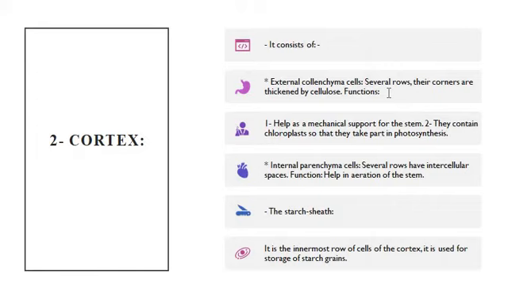Why? To give support, for sure. It's a solid substance and may also contain chloroplast to do photosynthesis. The internal layer, the parenchyma, is important for aeration as it has intercellular space. And the third layer is the starch sheath, the innermost row of the cortex, which stores starch in the form of starch grains.